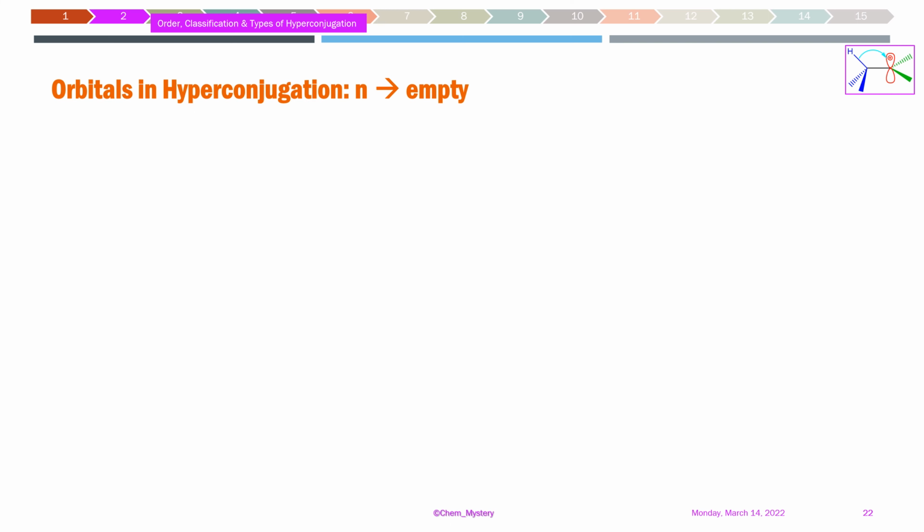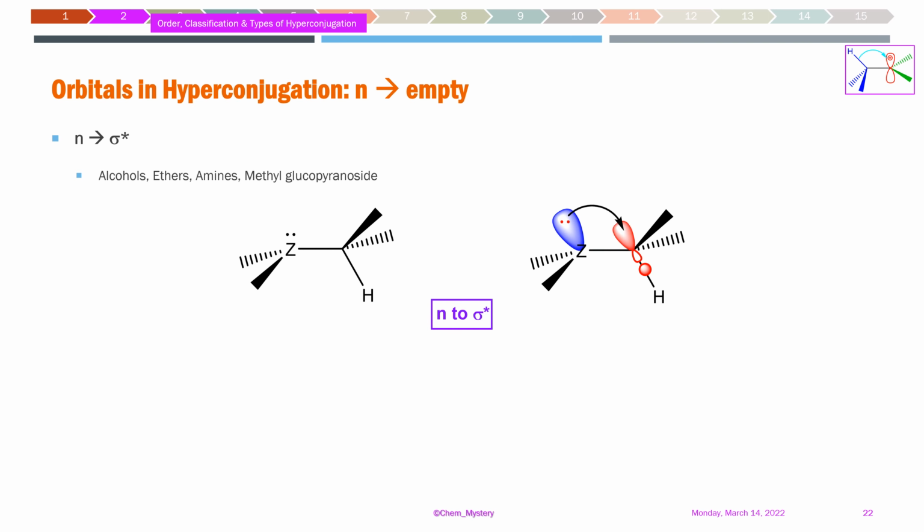So here is the first example. This is like alcohols or ethers basically. We have a heteroatom Z which has a lone pair. It can be either ethers or amines. We need to just replace one of the valences in this structure we have drawn. One of these bonds we can replace with the lone pair, then it can be the case of ethers, and right now this can be the case of amines as well.